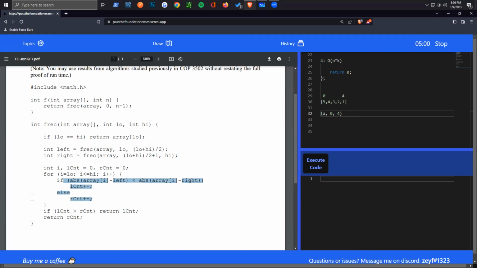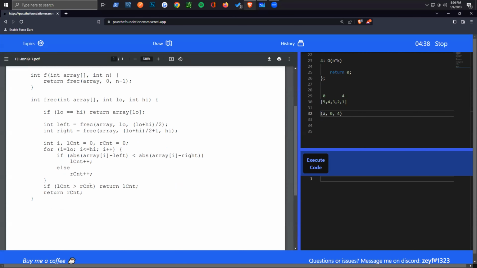In this case, it's just doing some sort of math and returning those math values. These values do not influence what the bounds of this for loop are going to be. It's not dependent on what you return from left and right. So that is something to think about.